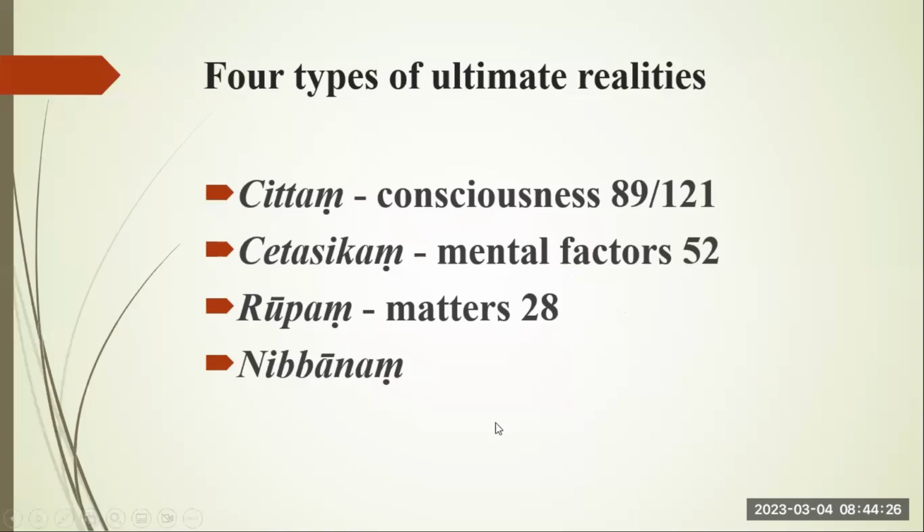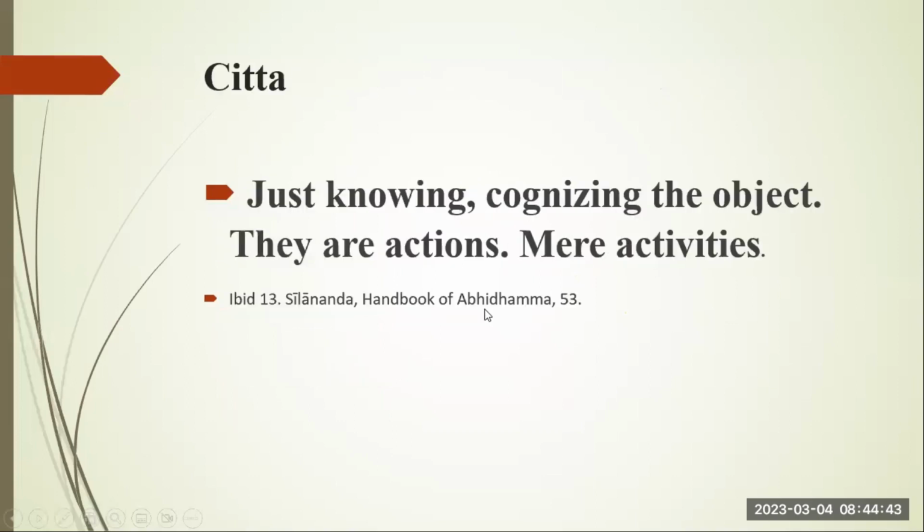Cetasika, mental factors; Rupa, 28 matters; Nibbana, the ultimate bliss. Those are the four types of ultimate realities.